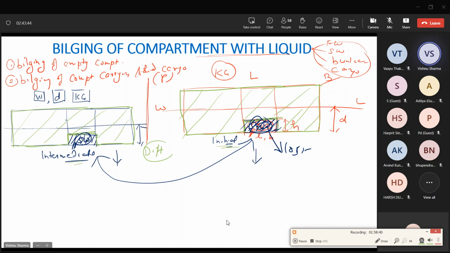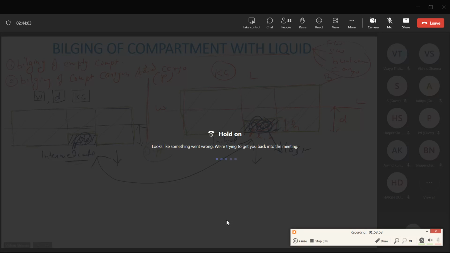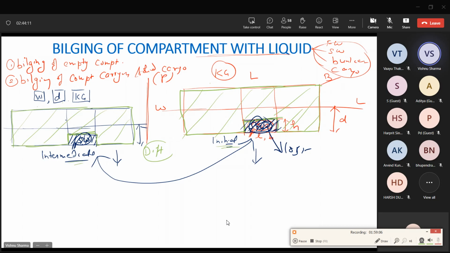The only difference between these two conditions was the condition of the DB. In one case, the DB was fuel oil full, other case, the DB was empty. Now, after bilging, both the DBs, the condition of both the ships is going to be same, yes or no?